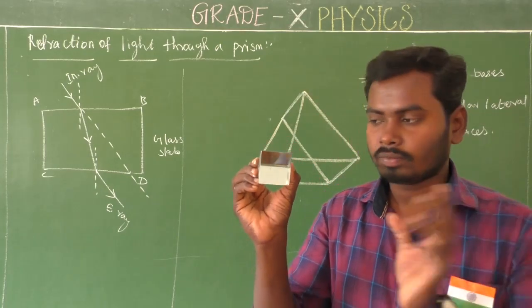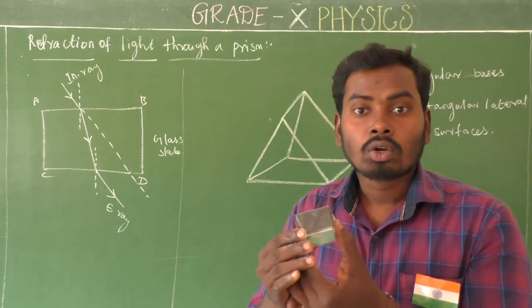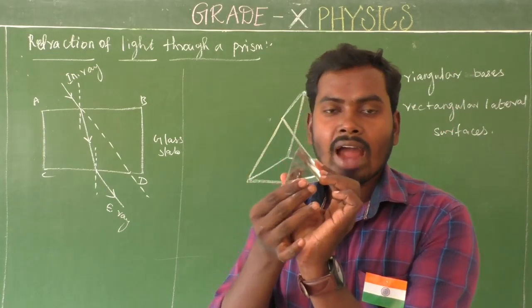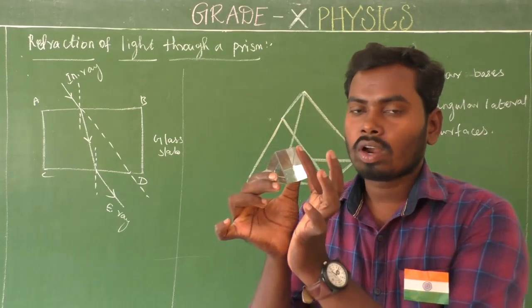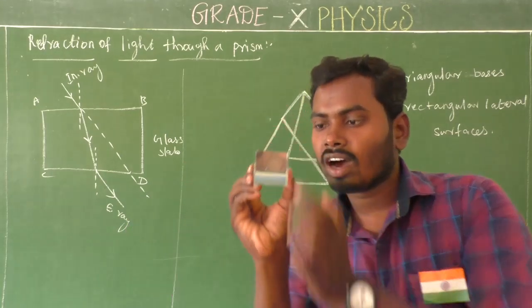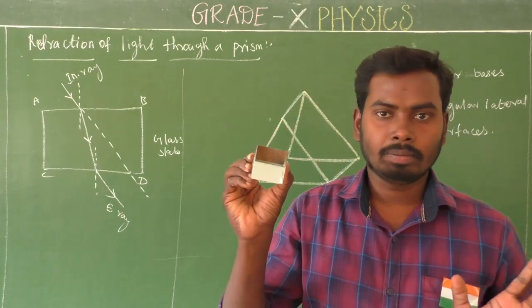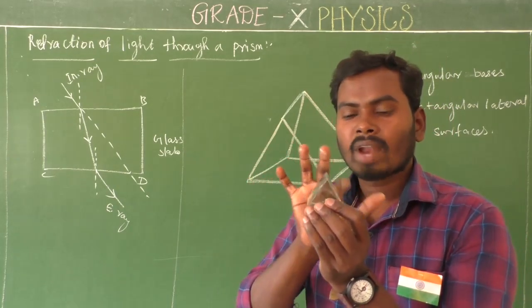So this glass prism has two triangular bases, this one and this one, and three rectangular lateral surfaces, first, second and third. Here these rectangular surfaces are not parallel to each other.